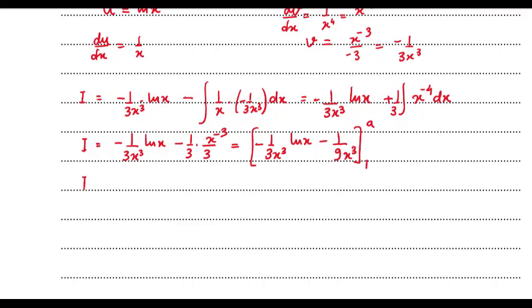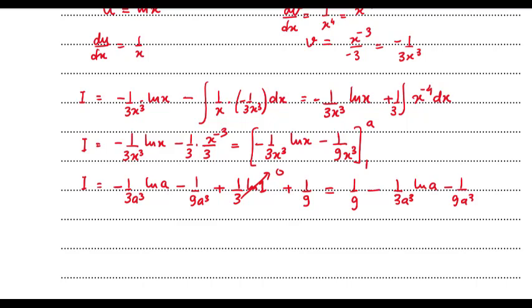So the upper limit becomes minus 1 over 3 a cube ln a minus 1 over 9 a cube, minus the lower limit, so minus again minus, it becomes plus 1 upon 3 x cube, which becomes 1 times ln 1, and we know that is 0, and again minus minus plus 1 upon 9, 1 cube is 1 upon 9, which we can write as 1 upon 9, I am writing it as the first term, minus 1 upon 3 a cube ln a minus 1 upon 9 a cube.